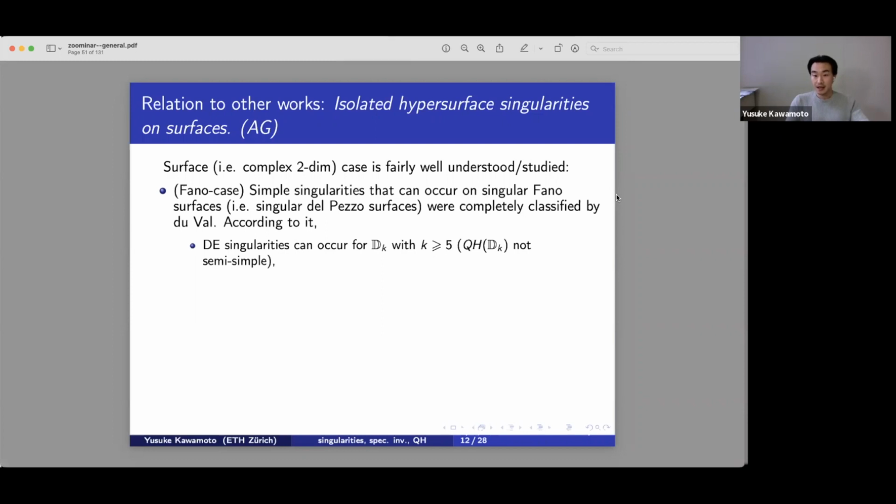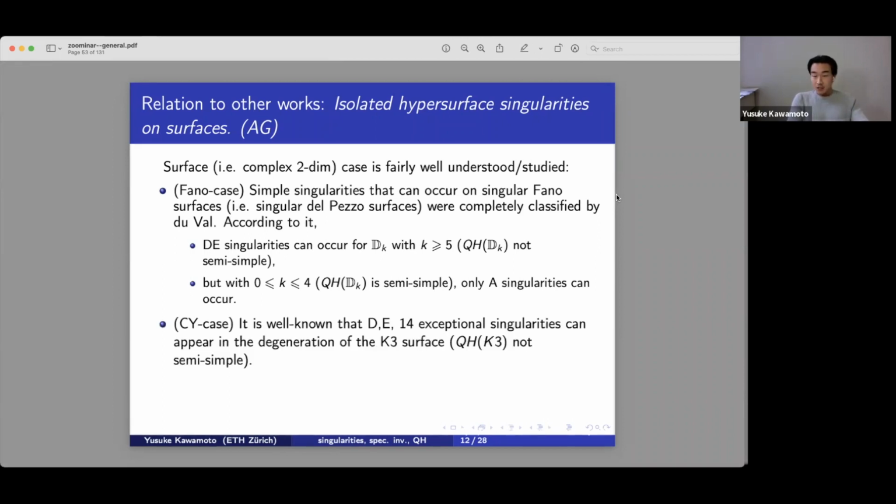Okay. And let me remind you that in this situation, your quantum cohomology is not going to be semi-simple. However, if the number of points being blown up is less than 5, then the quantum cohomology is semi-simple, and Du Val tells you that you can only have A-type singularities. Okay.